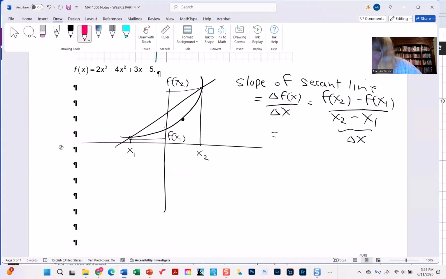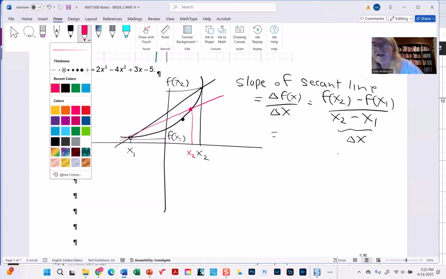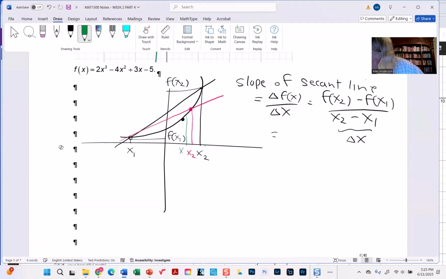For example, and if I continue to do this, and I get closer and closer, meaning that this delta x is shrinking, eventually the secant and the tangent will coincide with each other. That's really what we're aiming for.